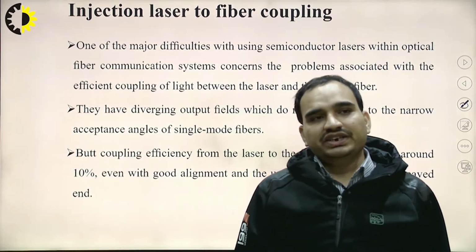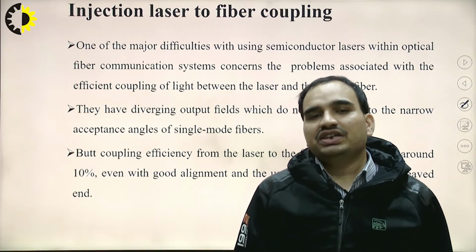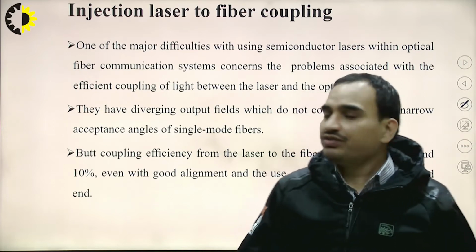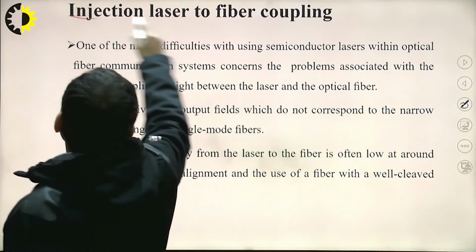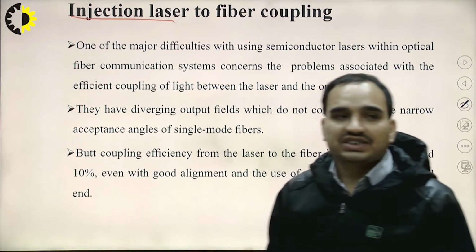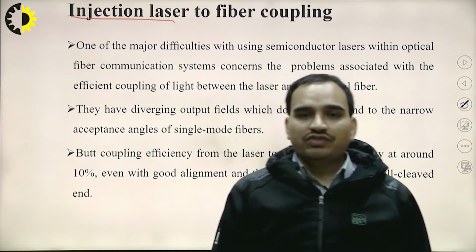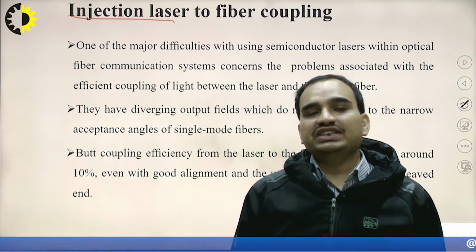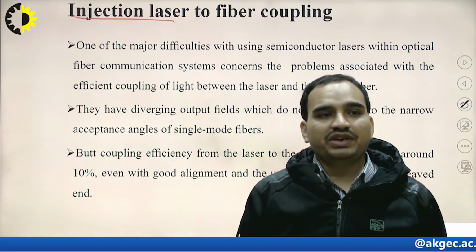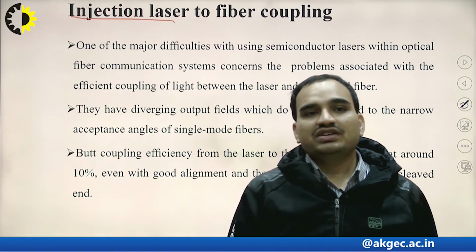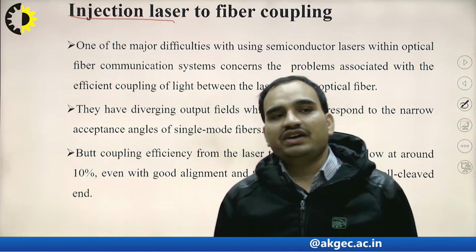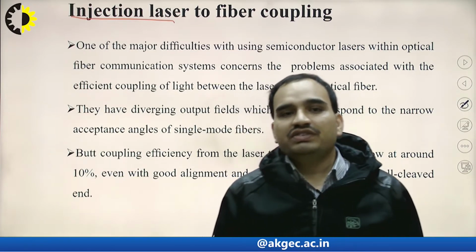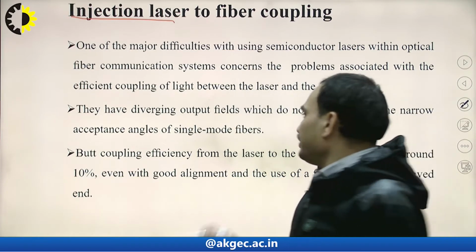If we consider an injection laser, how can we couple the power from the injection laser to the fiber? Let's discuss this. One of the major difficulties with using the semiconductor laser within an optical fiber communication system concerns the problem of efficient coupling of light between the laser and the optical fiber.